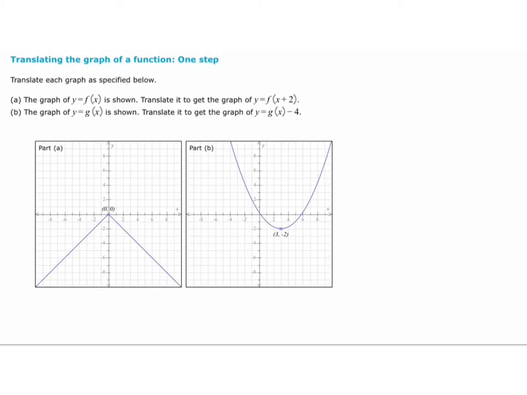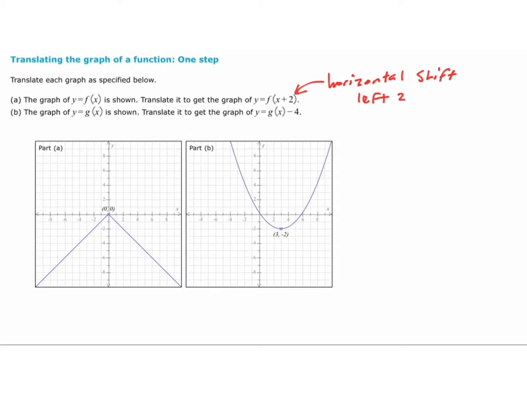So if you remember from the 2.6 notes, when we see a constant added to the x inside or embedded in the function like this, we are dealing with a horizontal shift. We talked about this in the video in 2.6, that an addition in the horizontal shift is actually going to be a movement to the left. So this is going to be left 2.